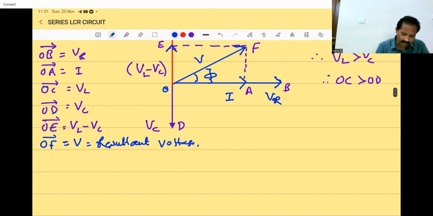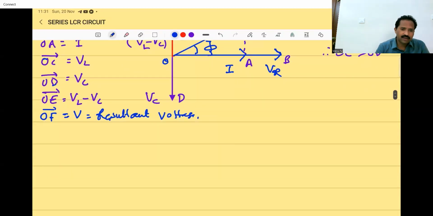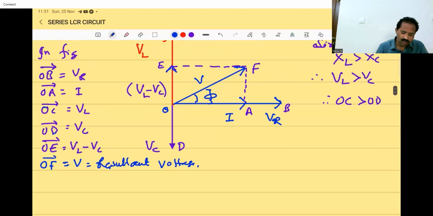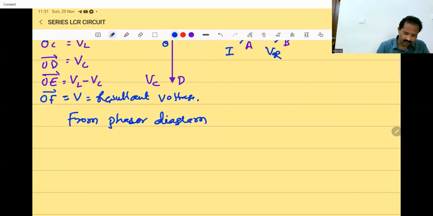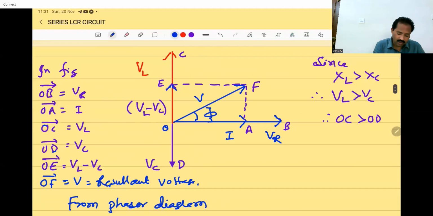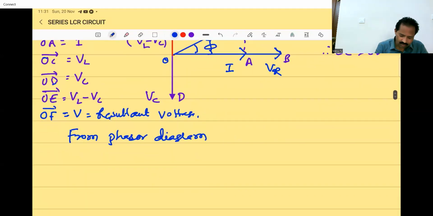After writing this phasor diagram, now by using this phasor diagram, let us find out OF or V. See, from phasor diagram I will write. From phasor diagram, look, what can we say? From right angle triangle OFA or OAF. Look, from phasor diagram, from triangle OAF.